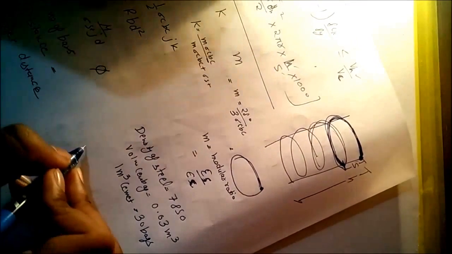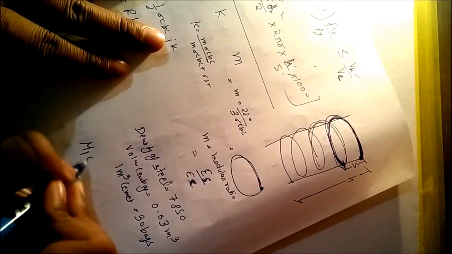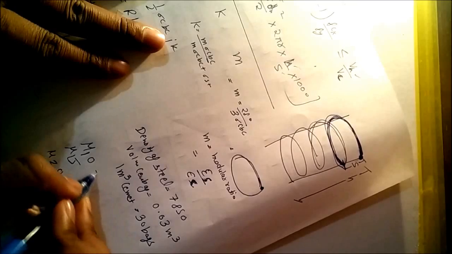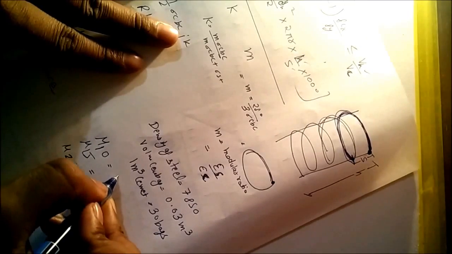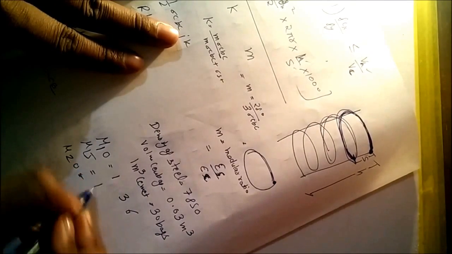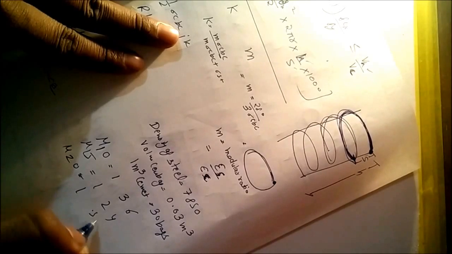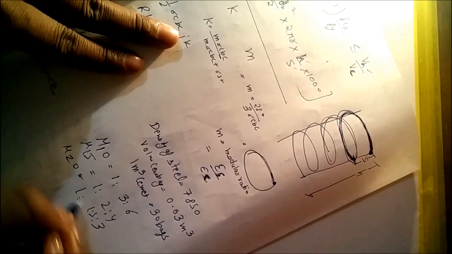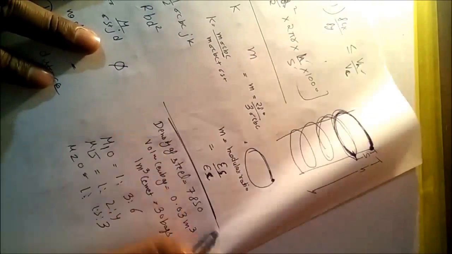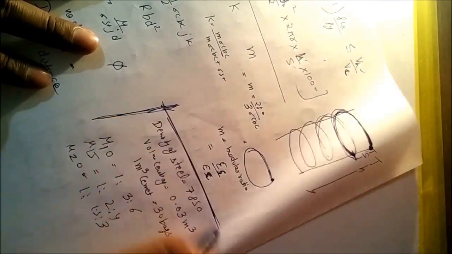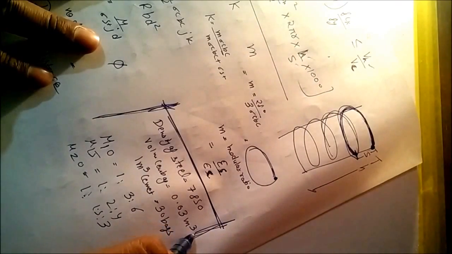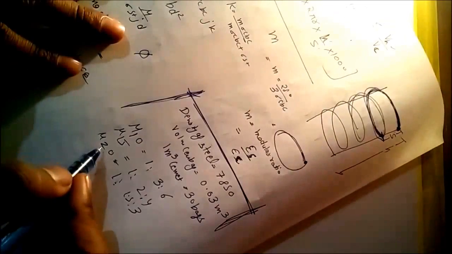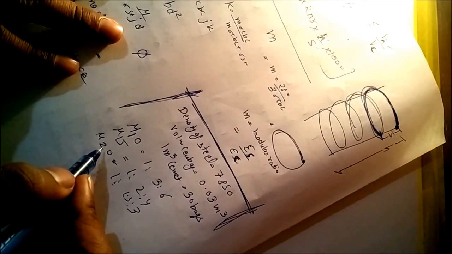For M10, M15, M20, the ratio of cement to aggregate is 1:3:6, 1:2:4, 1:1.5:3. This is the ratio, and then volume of cement, density, mixed concrete.